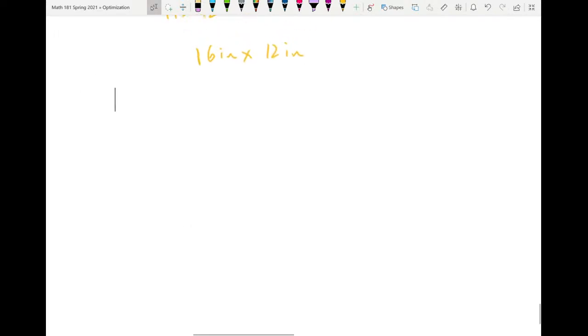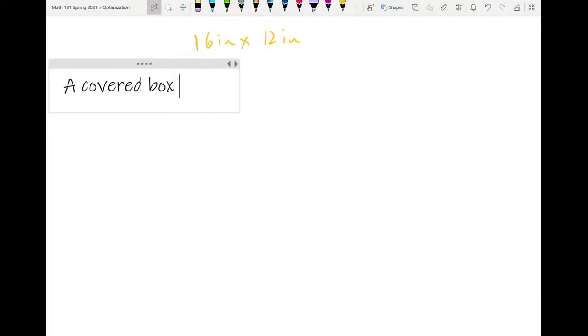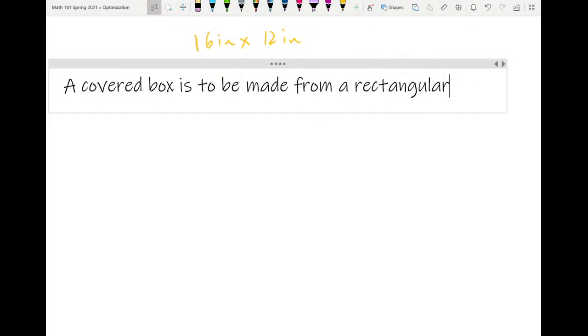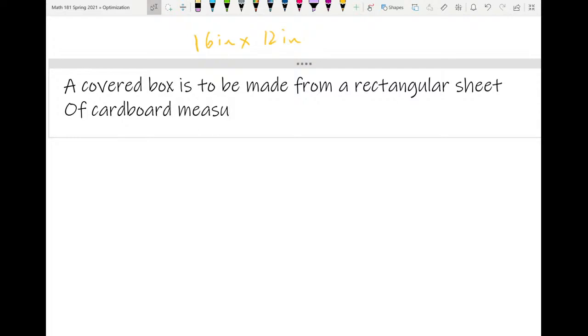A covered box is to be made from a rectangular sheet of cardboard measuring 50 inches by 80 inches.